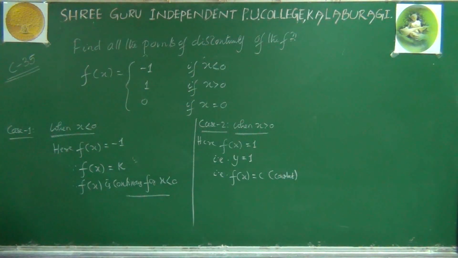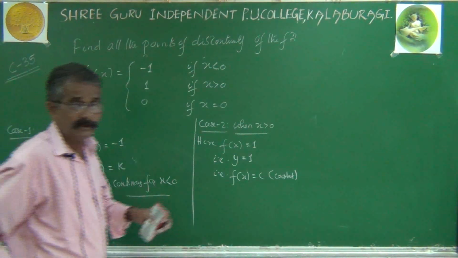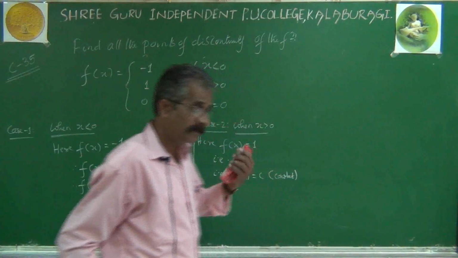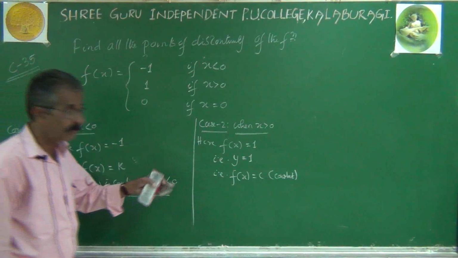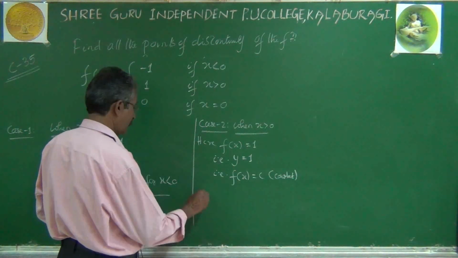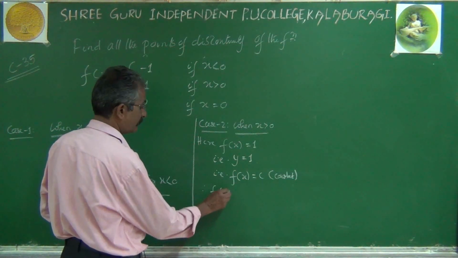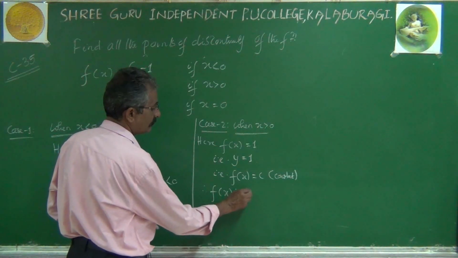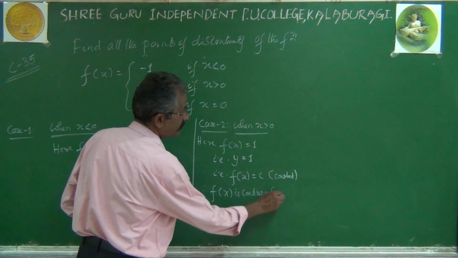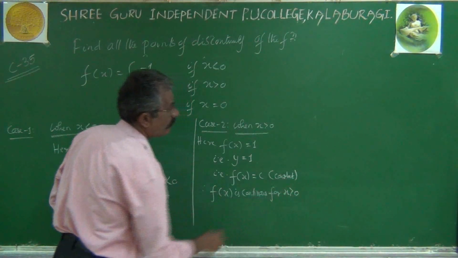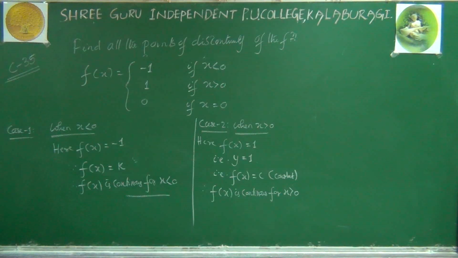We know that every constant function is always continuous, because a constant function is represented by a straight line parallel to an axis. Therefore, f of x is continuous for x greater than 0. Hence, at x positive, continuous, and at x negative, continuous.